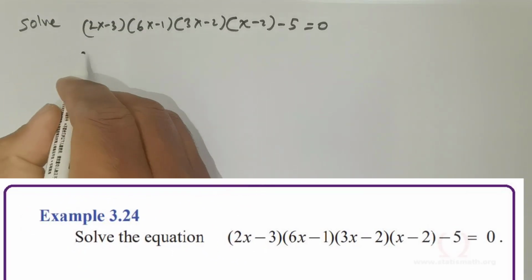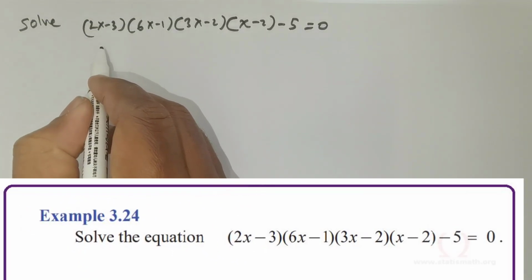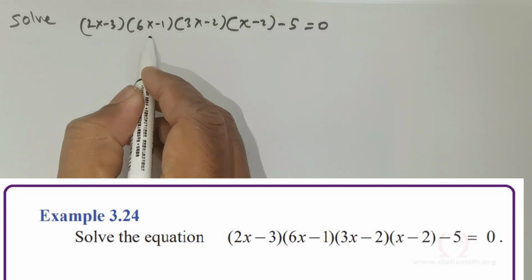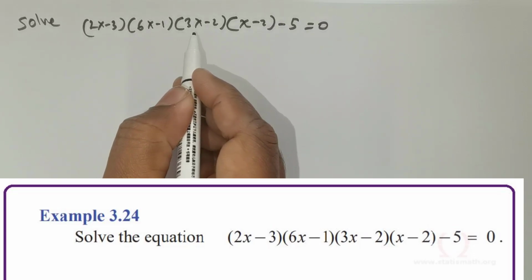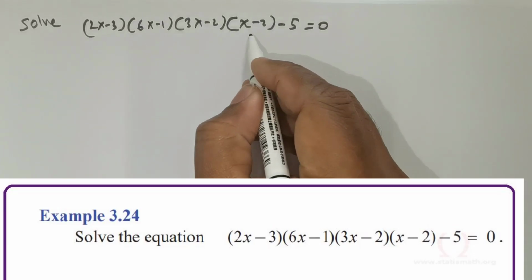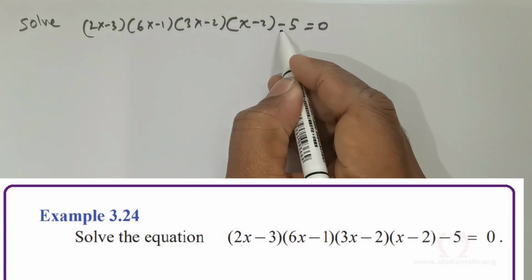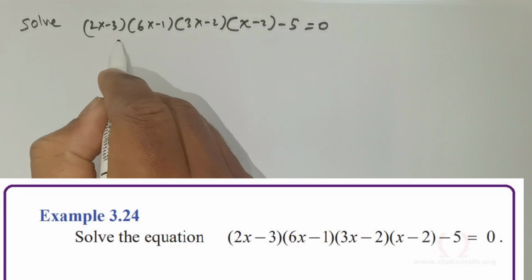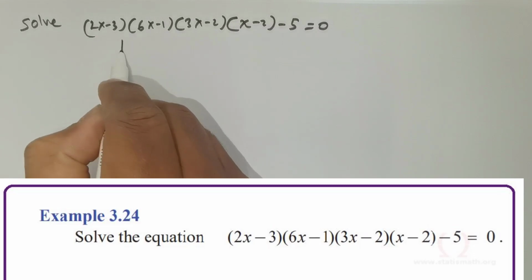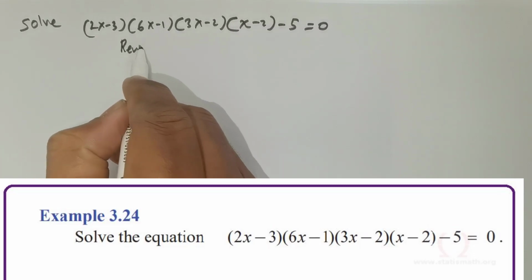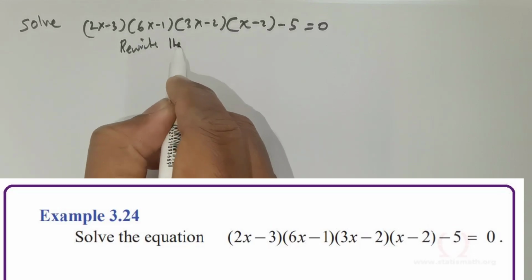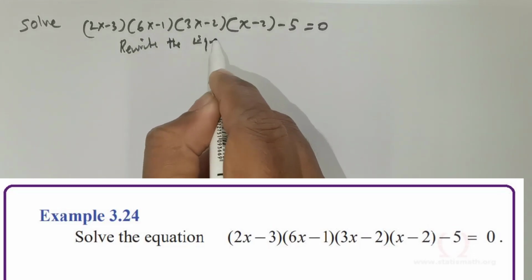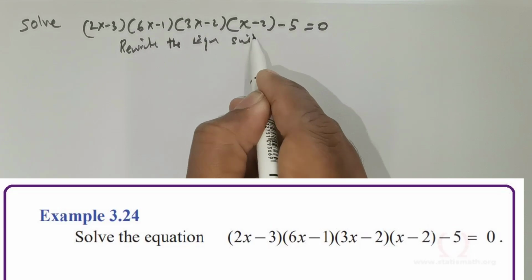Students, we are given this question: (2x − 3)(6x − 1)(3x − 2)(x − 2) − 5 = 0. Now, the most important point you have to know is to rewrite the equation suitably.